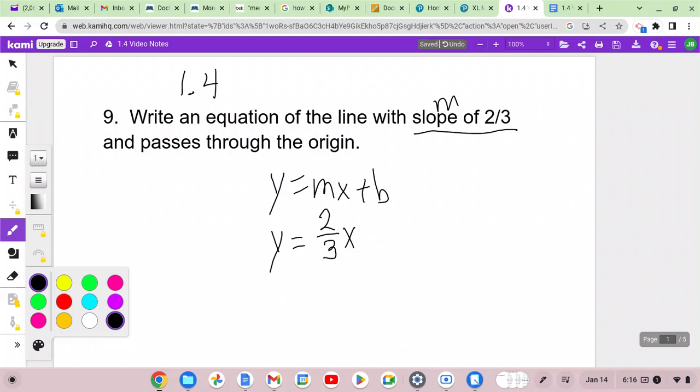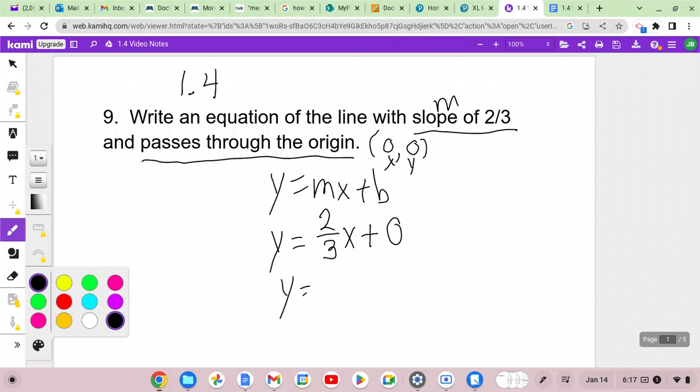It tells us that this passes through the origin, which is the point 0, 0. This is an x, this is a y. The x is 0, meaning that whatever is here for y is the y-intercept. So for us, the 0 for x tells us the y-intercept of 0 for y.